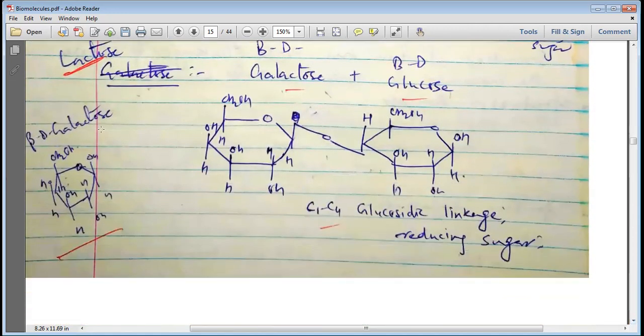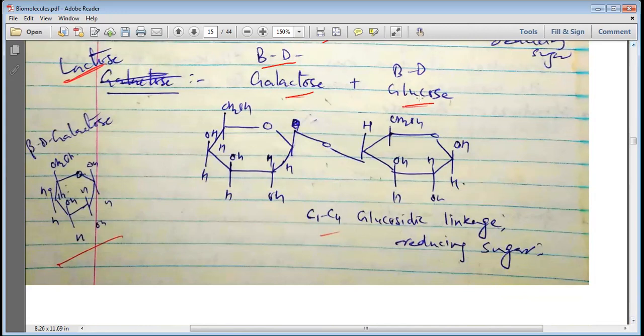Now, my dear students, we want to study lactose. When lactose undergoes hydrolysis, it gives us galactose and glucose. The galactose that we get is beta D galactose, and the glucose that we get is beta D glucose. Between the beta D galactose and beta D glucose, we have a C1C4 glycosidic linkage.